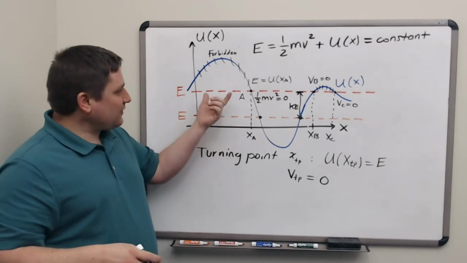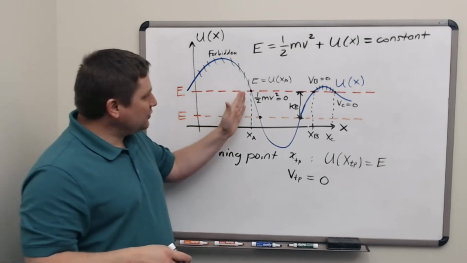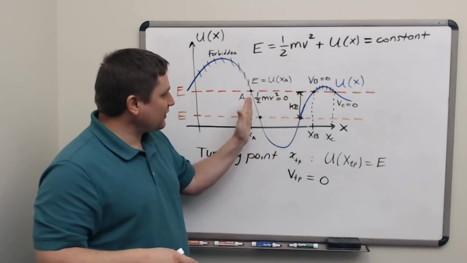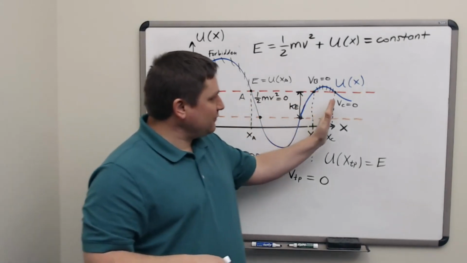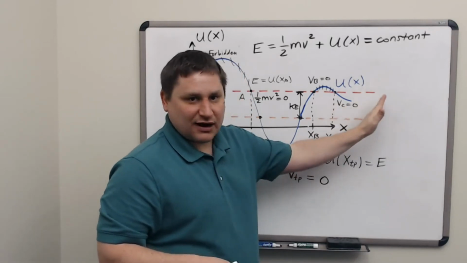So an object with energy equal to this red level could move back and forth between these 2 turning points, or it could move out here over to the right of location C, no problem.